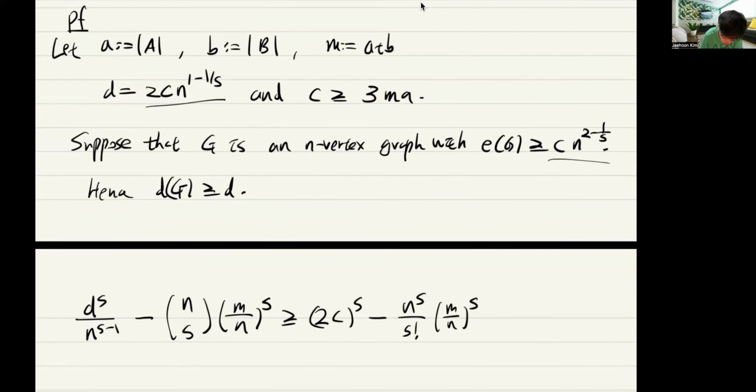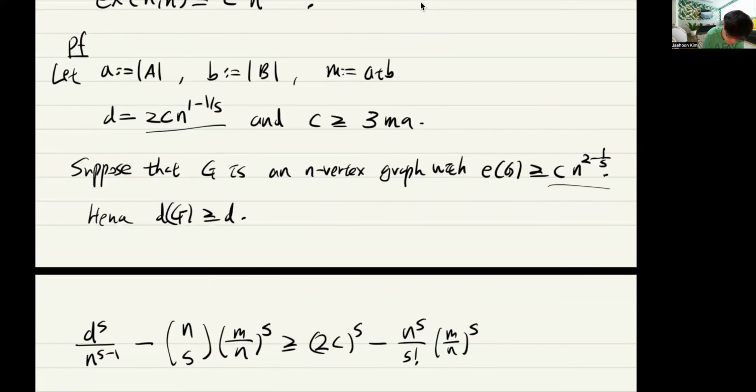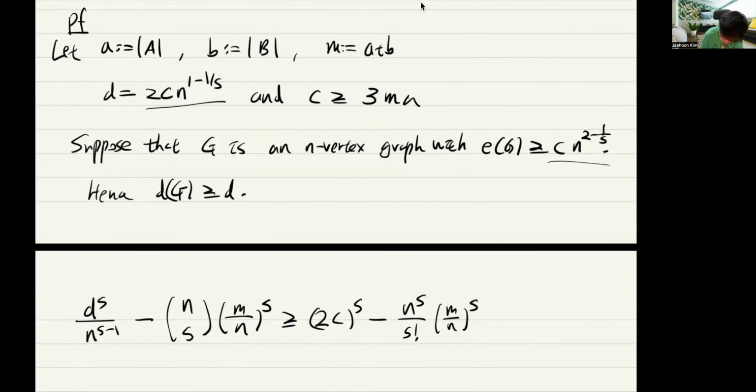And what do we know? M is here, but you have n to the S, and that cancels out.